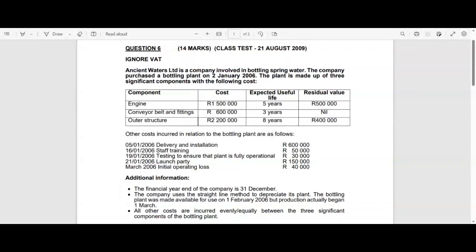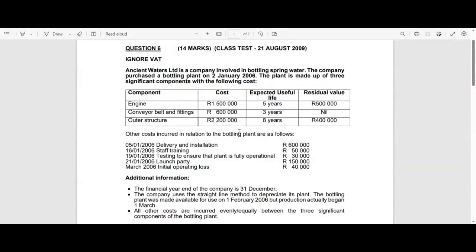Bottling plant colon engine colon cost, and then we're going to have another account that carries the 600,000 rands, which we are going to call bottling plant colon conveyor belt and fittings colon cost. And then we're going to have a third account that carries the 2.2 million, which we are going to call bottling plant colon outer structure colon cost.